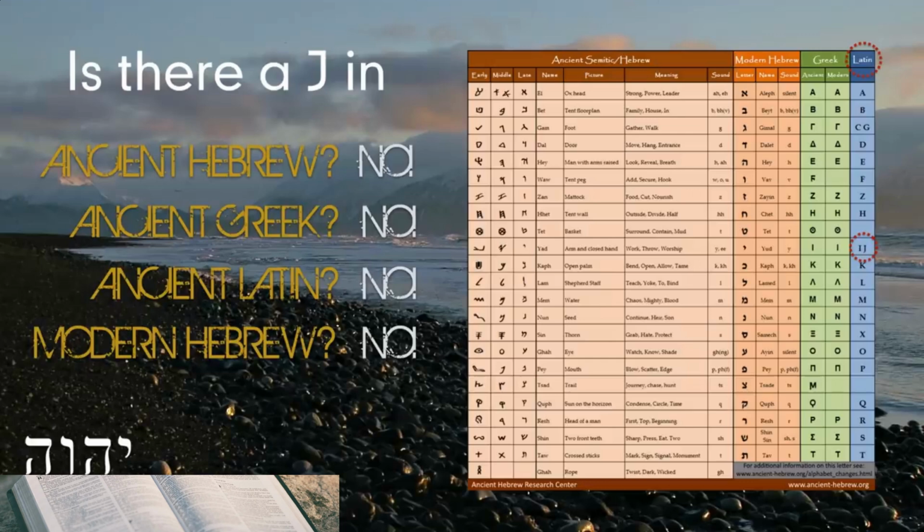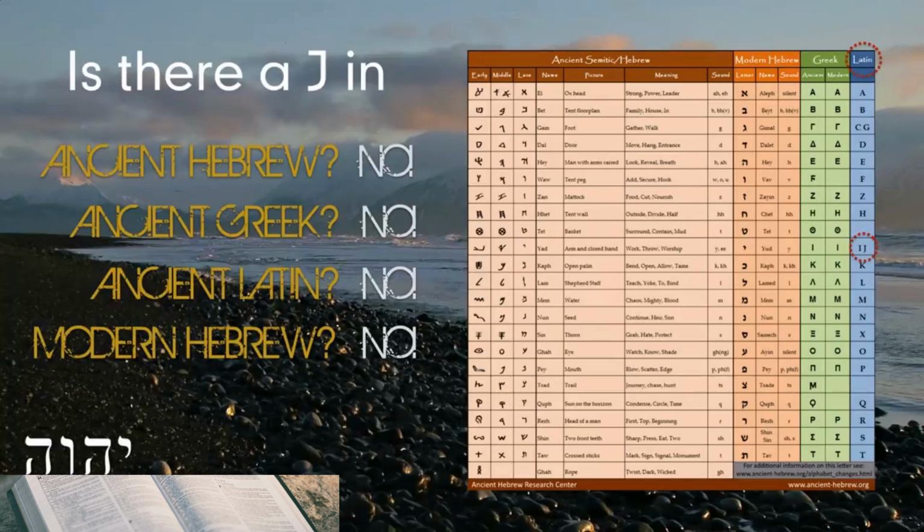Even modern Hebrew on this chart has no J, so they're adding it even now, though it has been infused into pronunciations, hasn't it? Because they're not really using Hebrew. That's not what that language is in those cases. But this Jewish chart and most others do not recognize a J even in modern Hebrew.